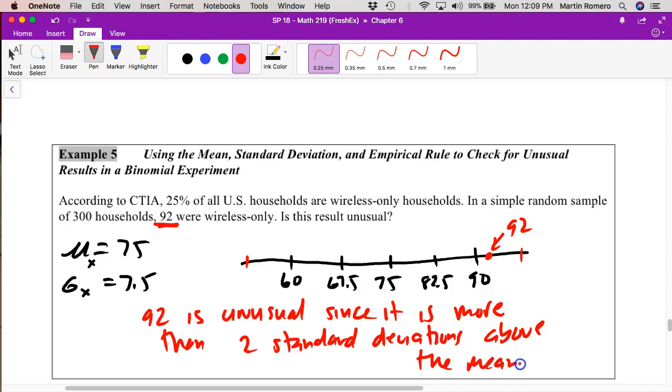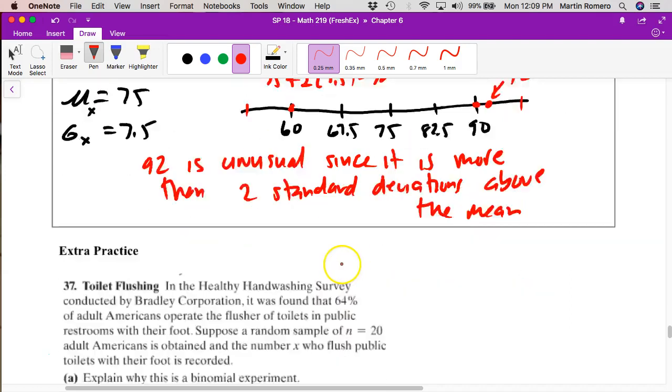And so now we know it's unusual. How did I get those values again? 75 plus 2 times 7.5 equals 90, and 75 minus 2 times 7.5 equals 60. Those become the 2 standard deviation mark. And so 92 is unusual.